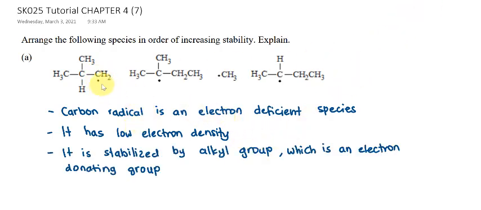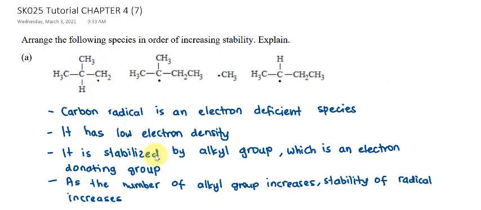Since the electron density on this carbon is low, it will be stabilized by the presence of an alkyl group, which is an electron donating group. An alkyl group will donate electrons towards the carbon radical to increase the electron density on this carbon.